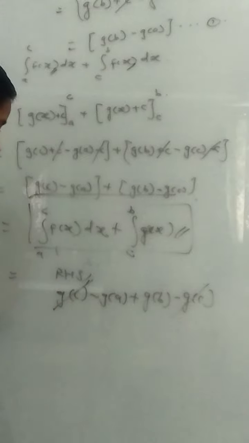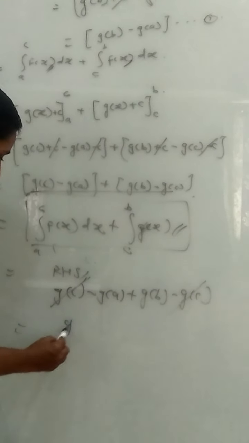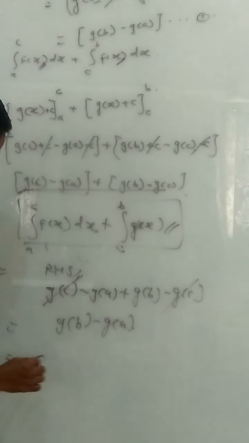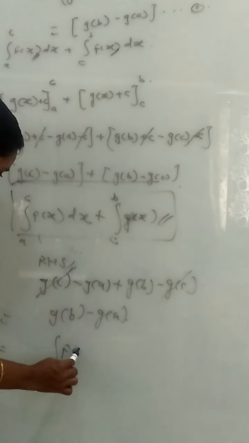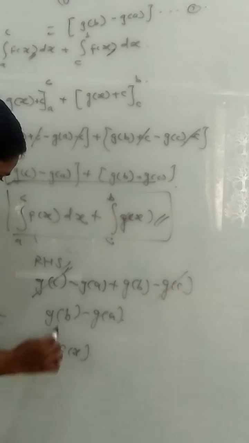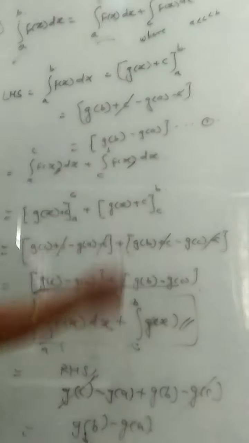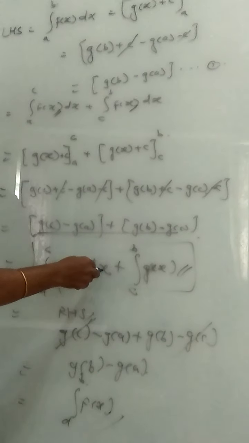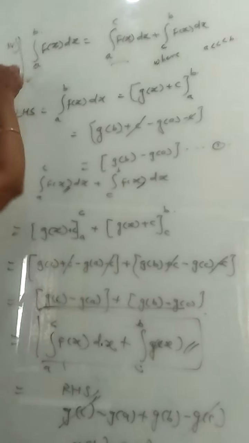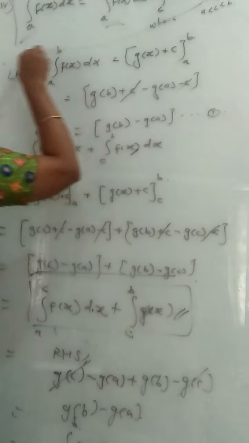Minus g of c plus g of c get cancelled, and it is g of b minus g of a, and this term is equal to the integration of f of x with limits a to b, and our function is also the same. In this way we also write both as the same term, and this is our corollary number 4.